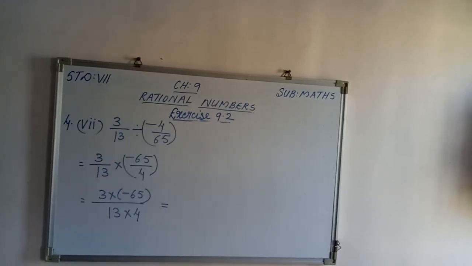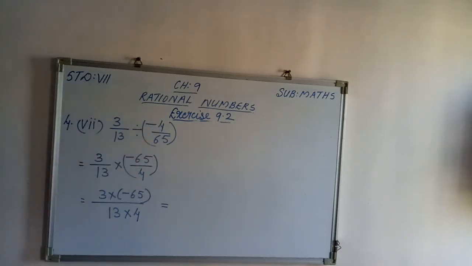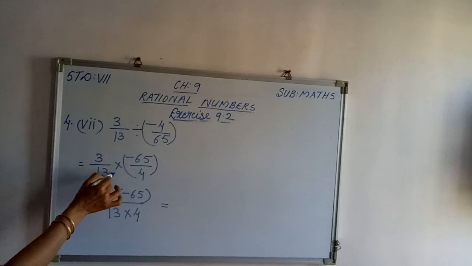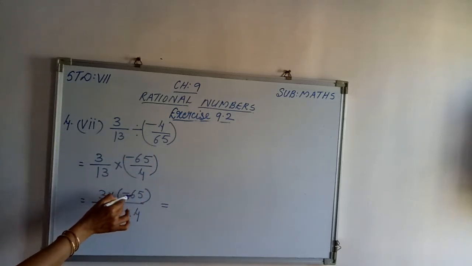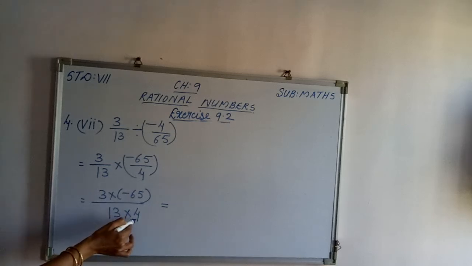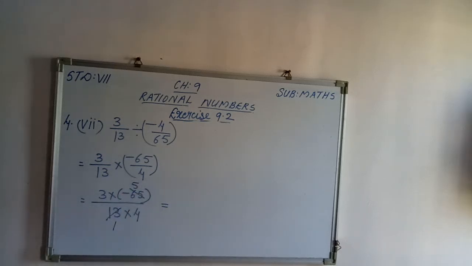Now question 7. 3 upon 13 divided by minus 4 upon 65. 3 upon 13 multiplied by minus 65 upon 4. Now 3 into minus 65 upon 13 into 4. So here we can simplify. 13 ones are 13, 13 fives are 65.